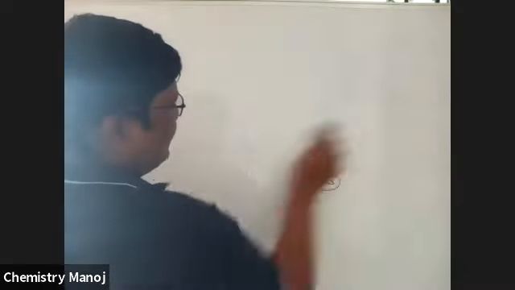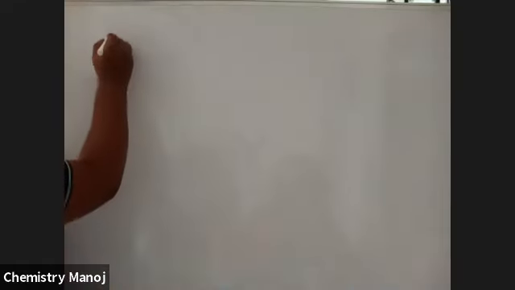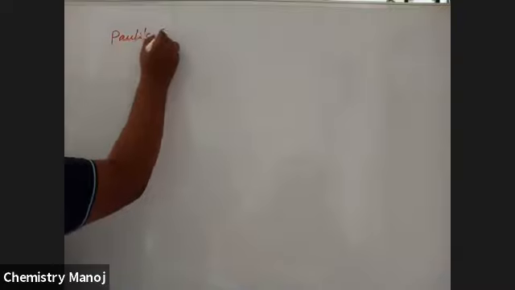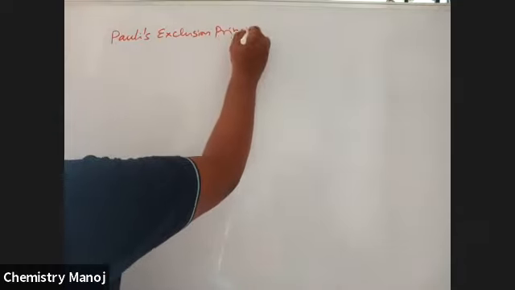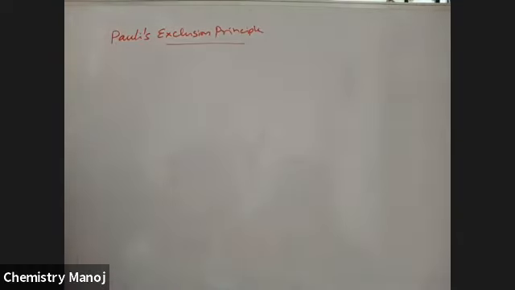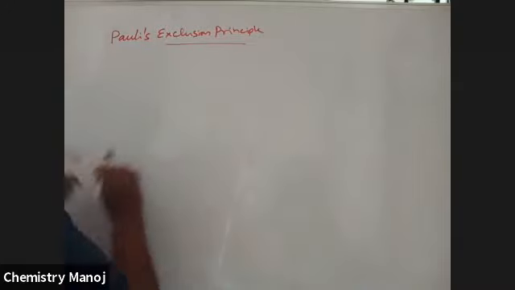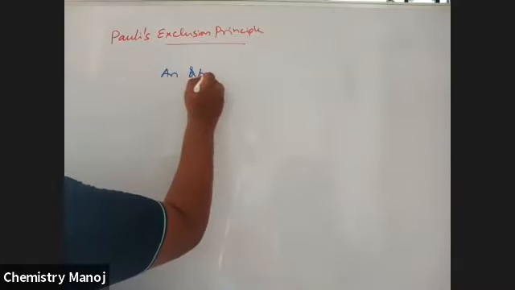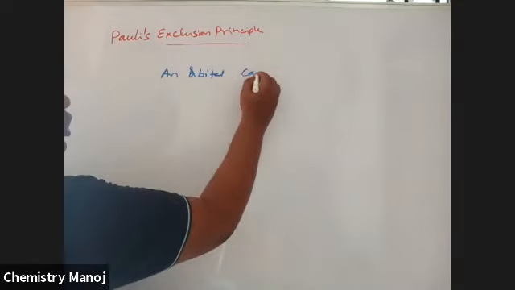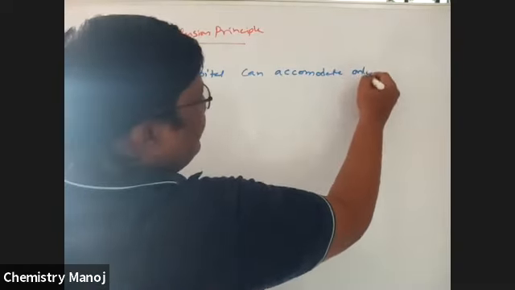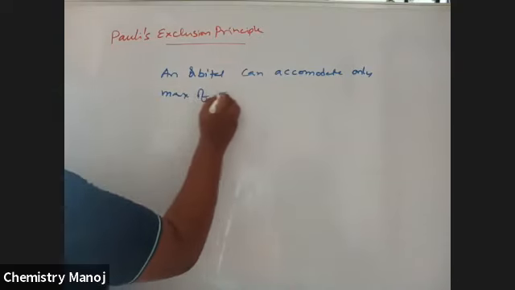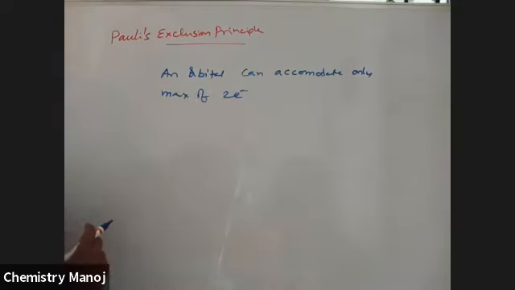Next one, Pauli's exclusion principle. According to him, an orbital can accommodate only a maximum of 2 electrons.